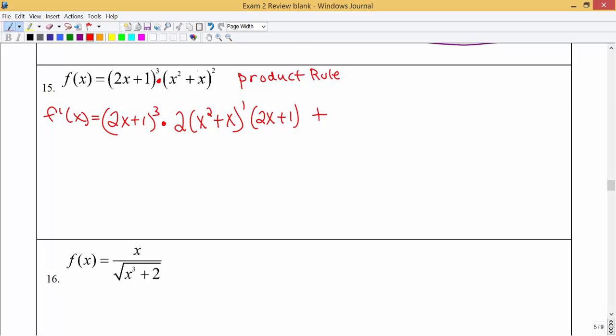Plus, it's going to be now the second function, as is, times the derivative of the first function, so that's times, and once again we have a group of terms raised to the power of 3, so we're going to use the chain rule. We're going to move the 3 to the front, multiply it times the front, write the inside function as is, reduce the power by 1, and then we're going to multiply by the derivative of that inside function.